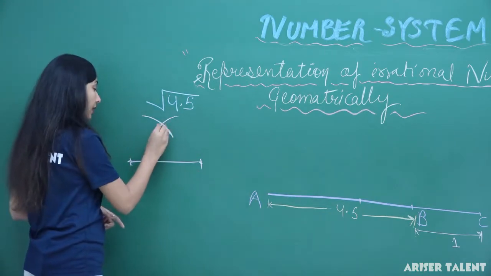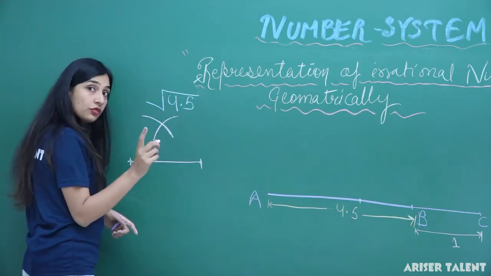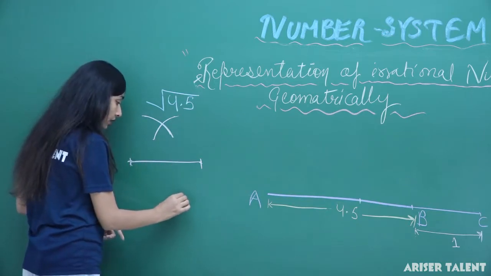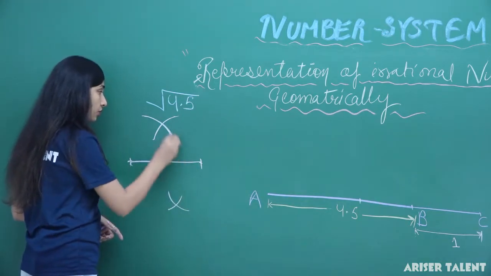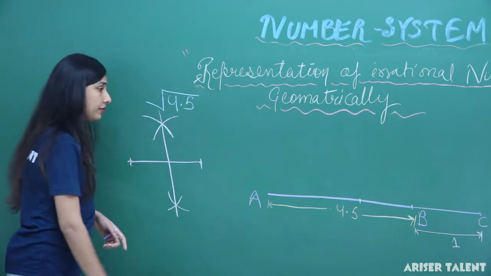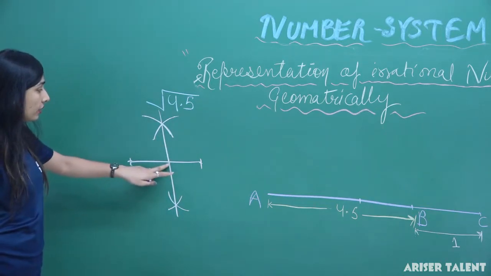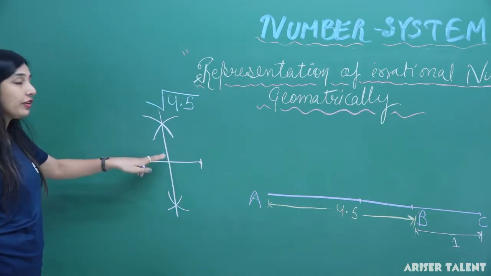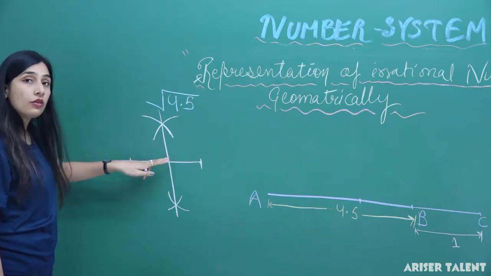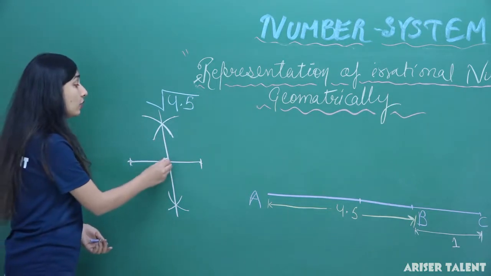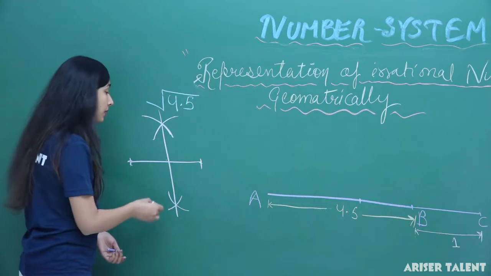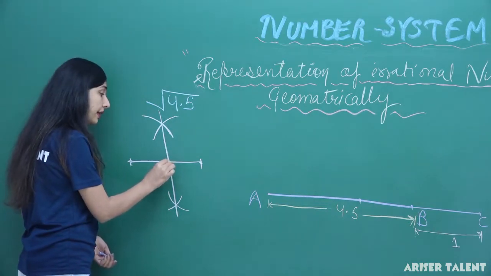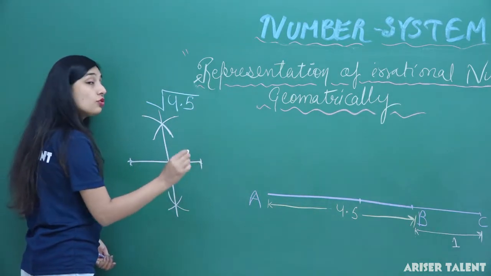Now, you will be repeating the process with the same length arc in the downwards direction too. Now you will meet this point to this point. Okay. Now this point, whatever this point will be your what? Perpendicular bisector. Now bisector means that this point is dividing this line in two equal halves.